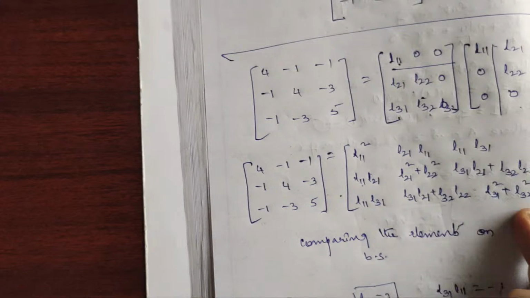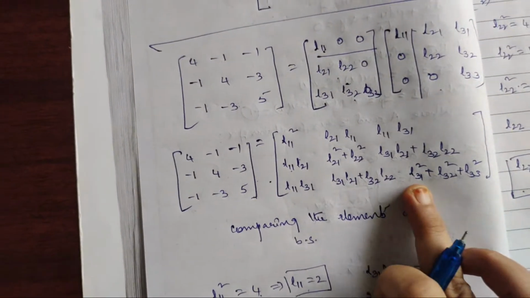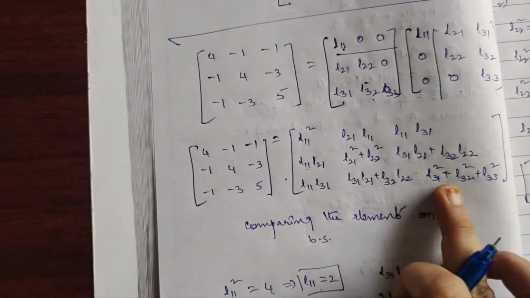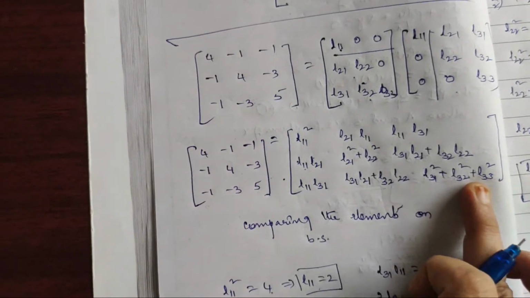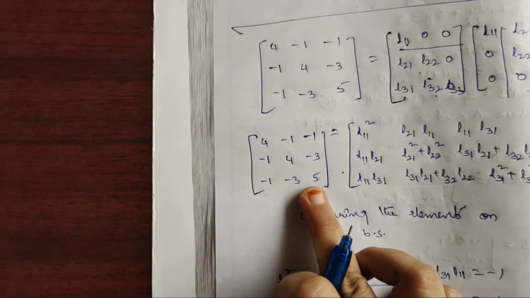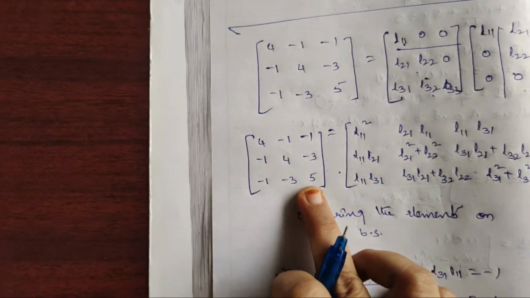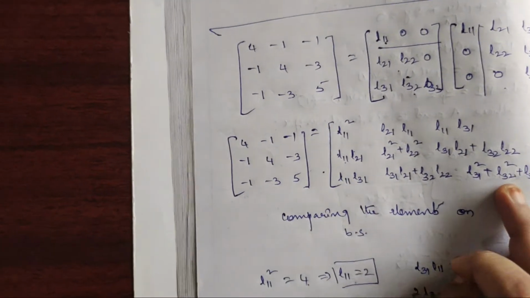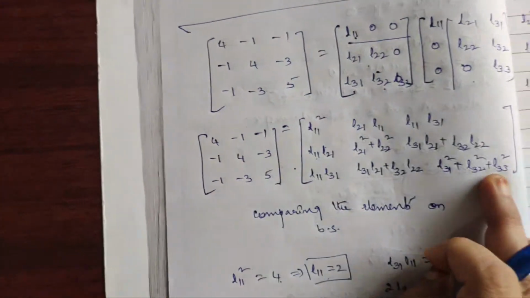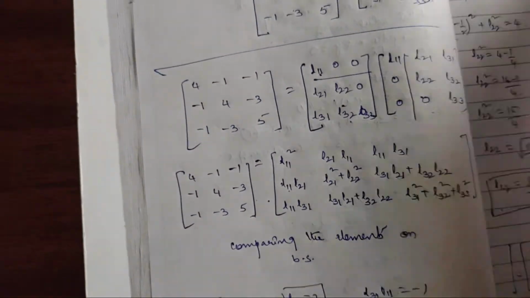Now next, what we need is the L33 value. So L31 square plus L32 square plus L33 square, on the other side equals 5. Now because we got all the values, it will be easy for us to find the next value also.